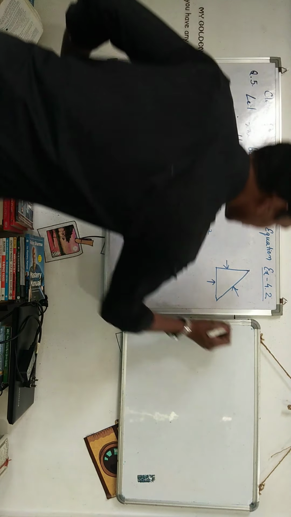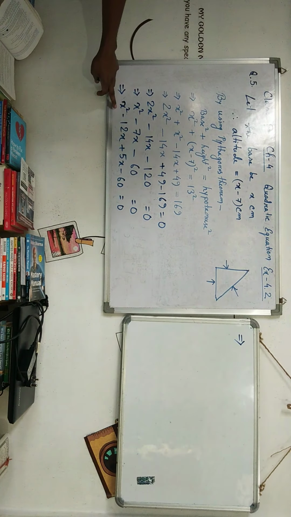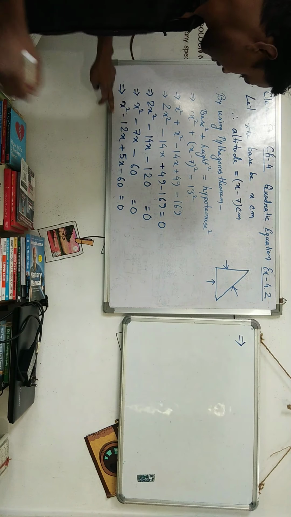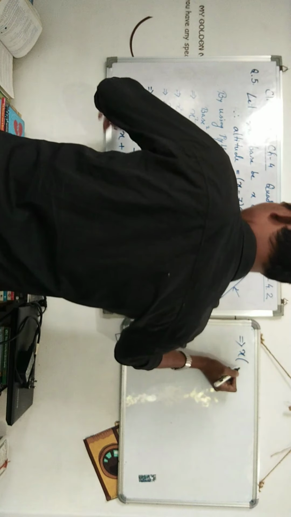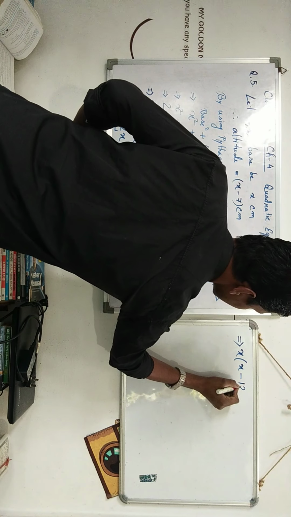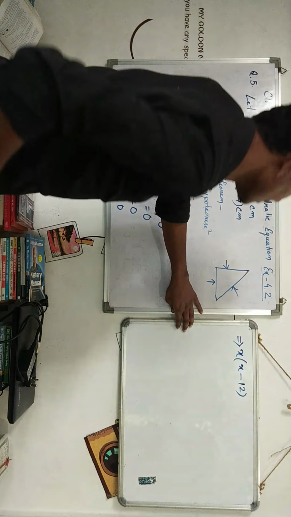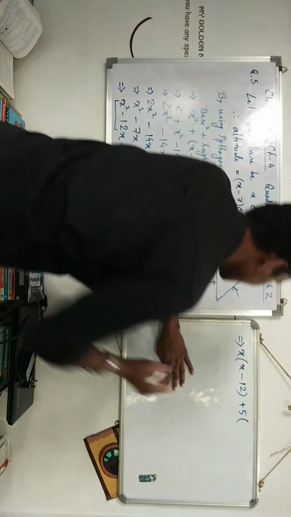Now I will take common. From x square minus 12x, I can take x common. After taking x common, it will be x minus 12. And plus 5, if I take plus 5 common, it will be x minus 12, is equal to 0.